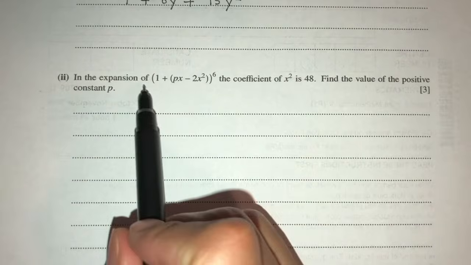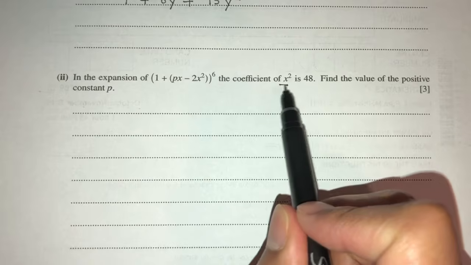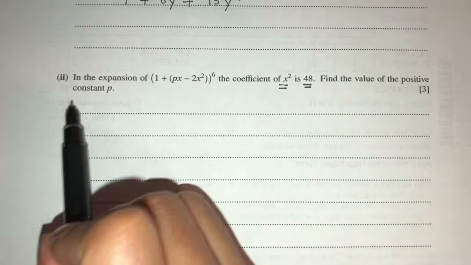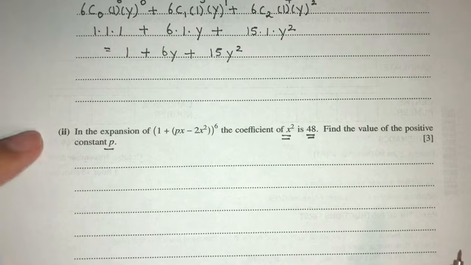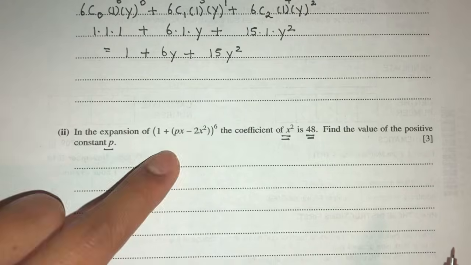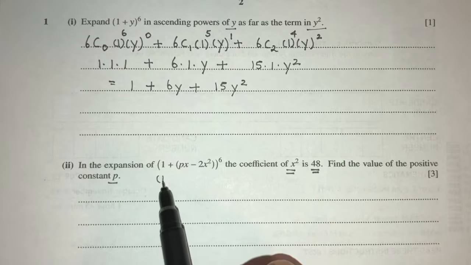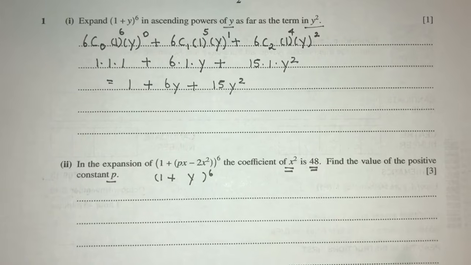In the expansion of this expression, the coefficient of x squared is given by 48. Find the value of the positive constant p. So the reason why this was given as part 2 is we have to use part 1 to find this, right? So in part 1 you have the expansion of (1 plus y) power 6.